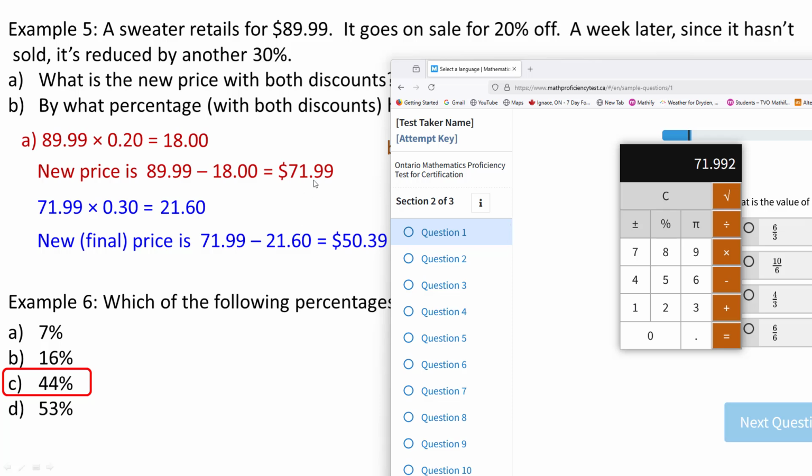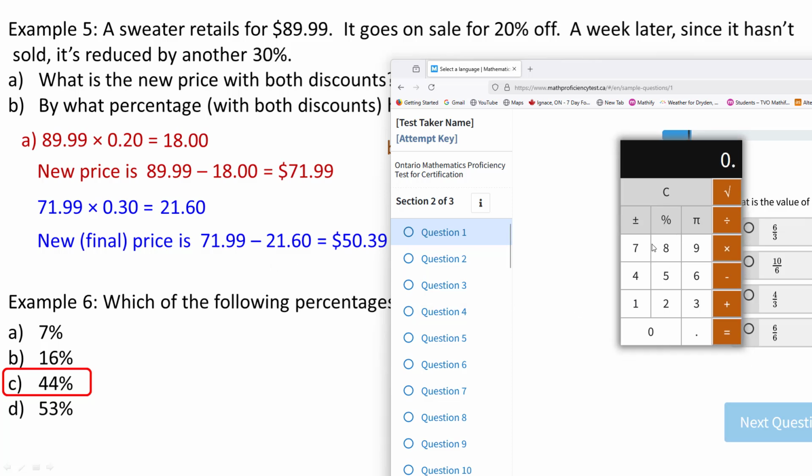Then you're taking 30% off. If you're taking 30% off, you're still paying 70%, so I'm subtracting from 100. 100 minus 30 is 70. So we take this 71.99 and multiply it by 0.7. There's the 50.39.